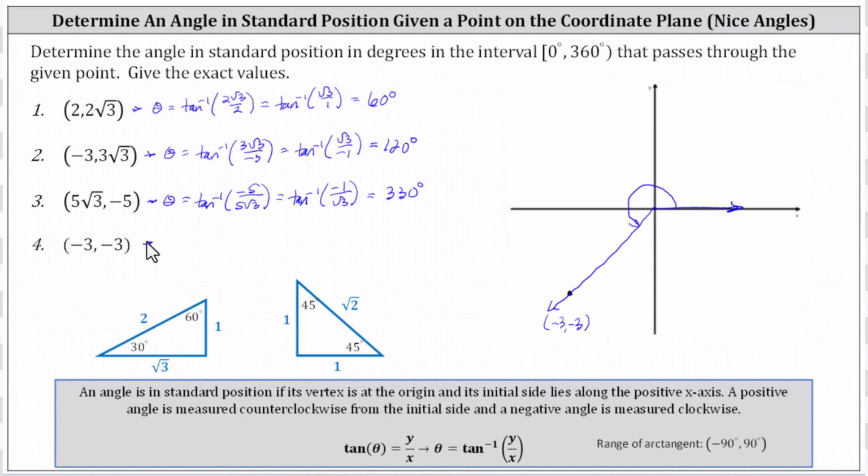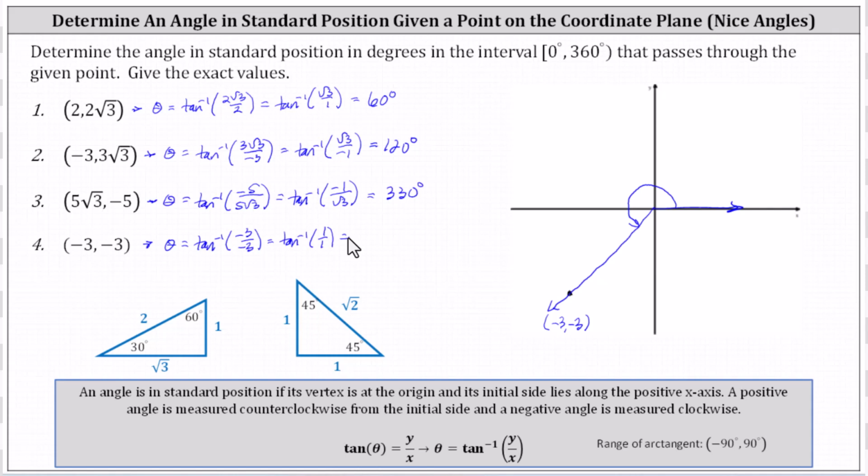And theta equals inverse tangent of negative 3 divided by negative 3, which is equal to inverse tangent of, simplifying and keeping a fraction, we have 1 divided by 1.